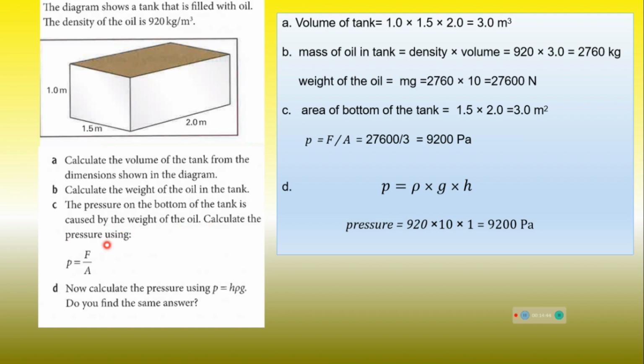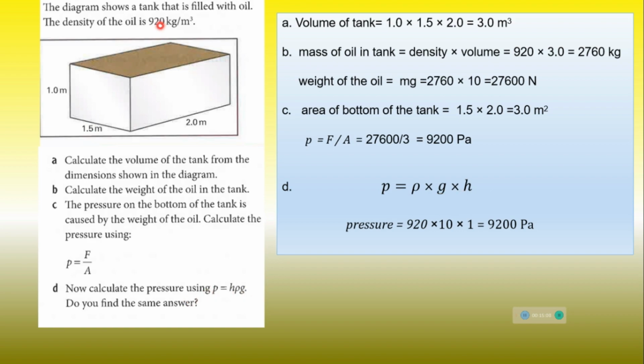Then the pressure on the bottom of the tank is caused by the weight of the oil. Calculate the pressure. Now pressure we will calculate using the formula force divided by area. Force is due to the weight of the oil. It is 27600 divided by 3. It is 9200 Pascal. Now area will be the multiplication of these two sides, 2 multiplied by 1.5. And D, now calculate the pressure using rho gh, this formula.